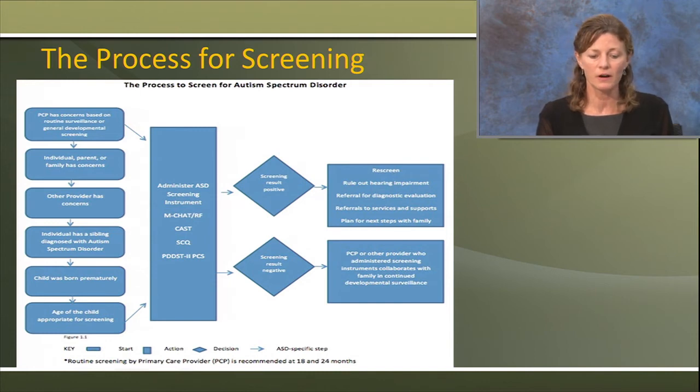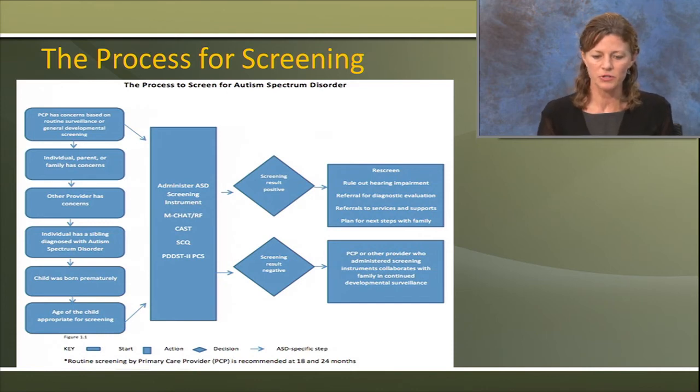You can see on the far left-hand side a column indicating all of those reasons why we screen, and I've gone over those, but to review: the primary care physician has concerns, the parent or guardian has concerns, another professional has a concern. And then finally, the child has a sibling with autism, the child was born prematurely, and of course the age of the child, 18, 24, or 30 months of age.